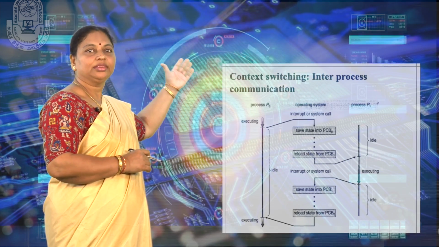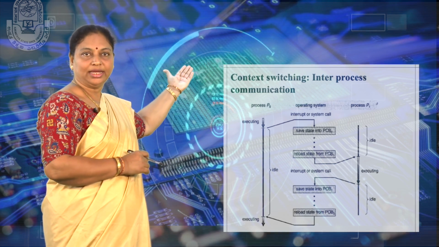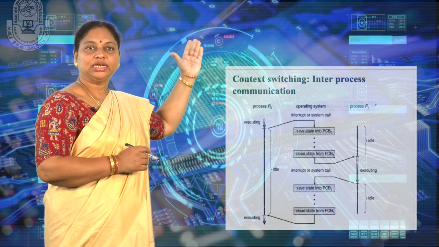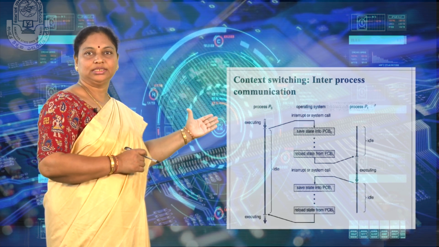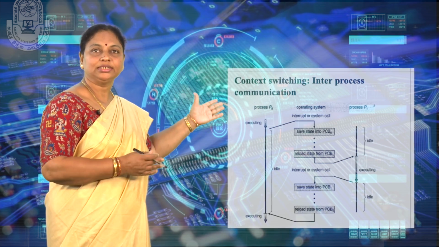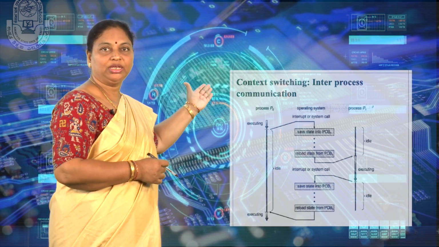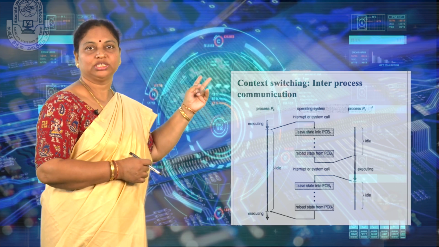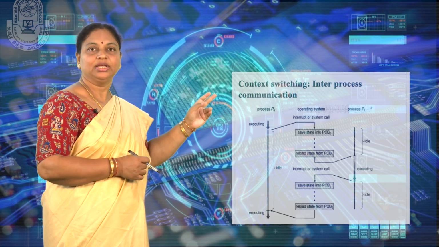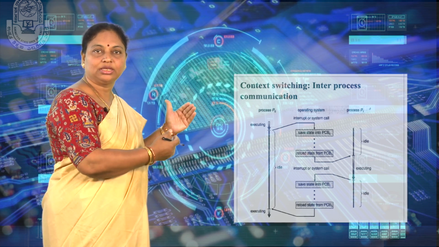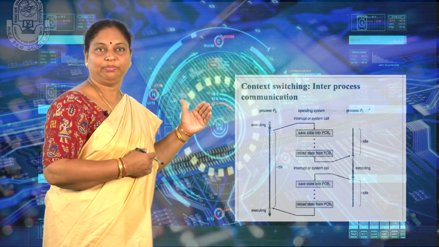How it works, you can see in the diagram. Suppose we have two processes running concurrently in the system, and we label them as process P0 and P1. How is this concurrent execution managed by the CPU?